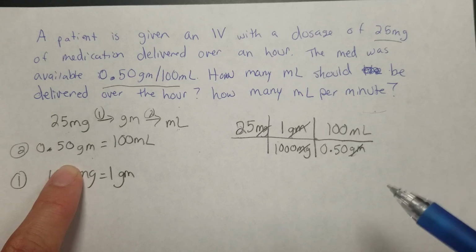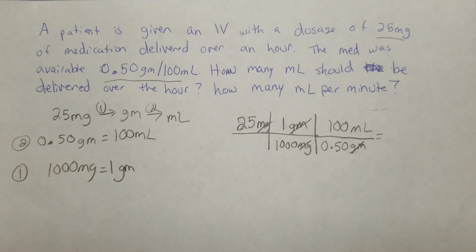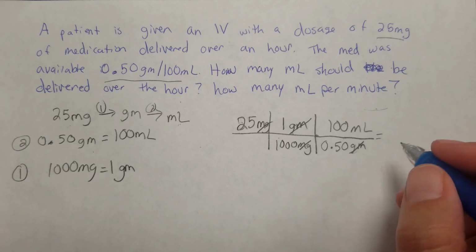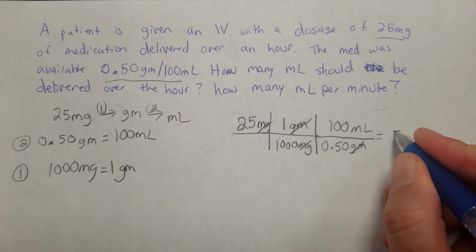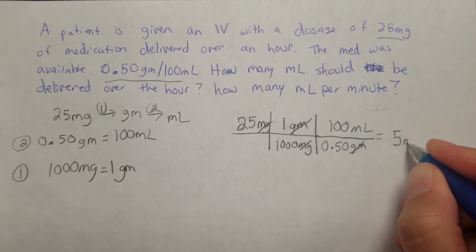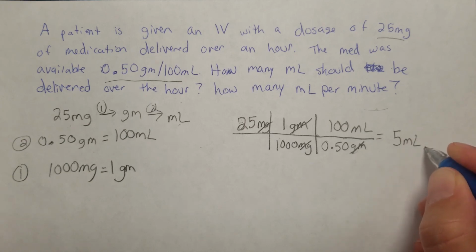So now, when we do this calculation, we'll know how many milliliters over the hour. So times 100 divided by 1,000 times 0.5. If you see any mistakes, please let me know, because when I'm entering this in my calculator, I'm kind of trying to do it quickly, so there is a chance I might forget a 0 or something here and there. So this is 5 milliliters per hour.